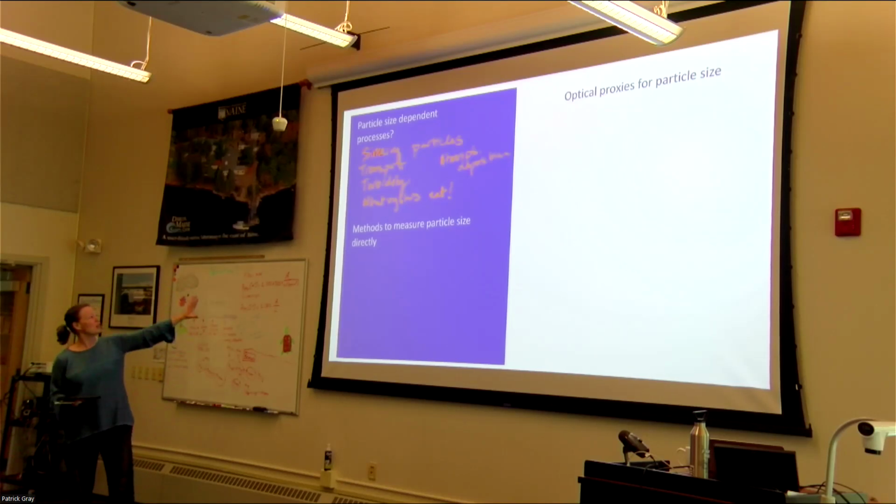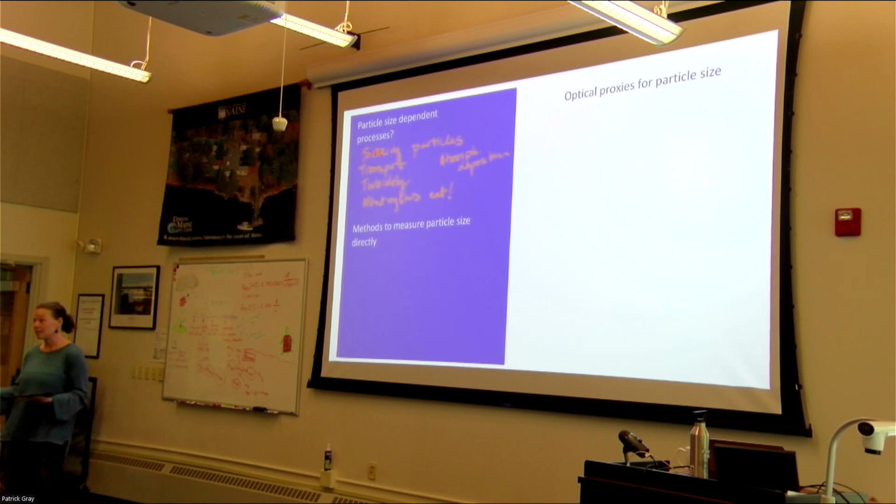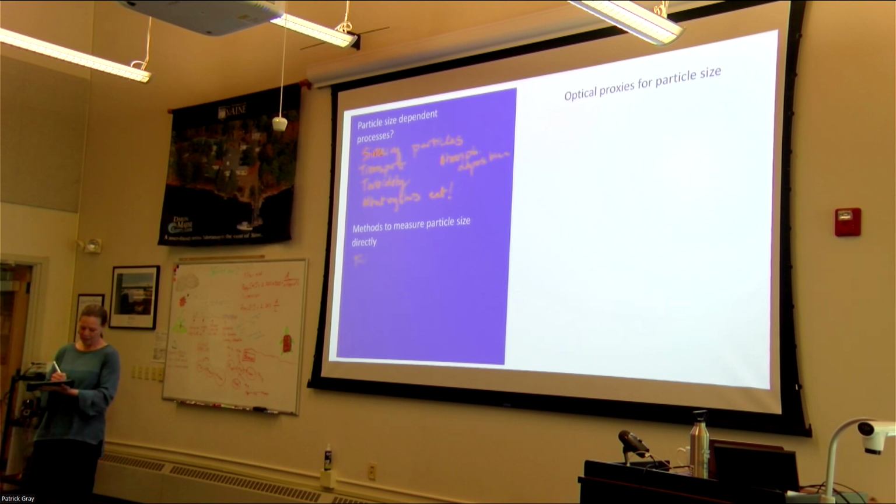Methods we can use to measure particle size directly, not by proxy, might include filters and sieves, these sorts of physical separation. We've already done a few of those in our labs.